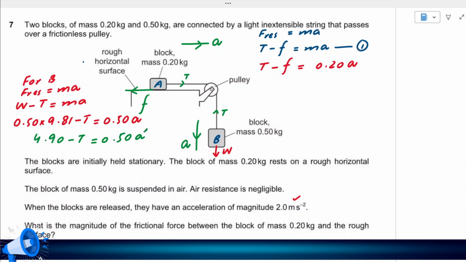I'm going to write this expression underneath the first one, and I'll write it smartly. Instead of writing 4.9 minus T, I can write it as minus T plus 4.9 equals 0.50a.